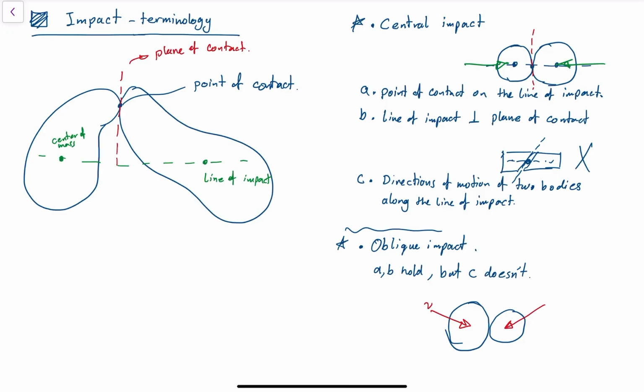So in this general cartoon I drew, to study those where the point of contact is off center, you need other tools. Some conditions are easier than others, but yeah, we don't do that here. All right, so with these definitions, let's go study central impact. That would be our next video.